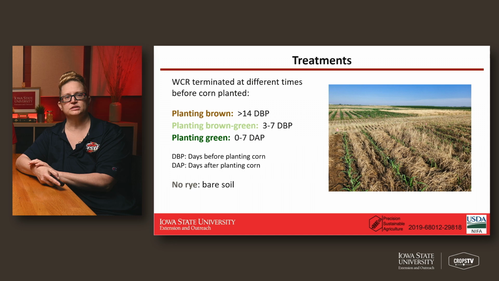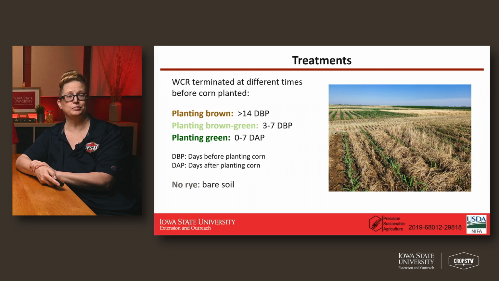So for this project, we had different treatments where the winter cereal rye was terminated at different times before the corn was planted. We had three treatments. One was called planting brown, where the cover crop was terminated using glyphosate, and that was at 14 or more days before corn planting.